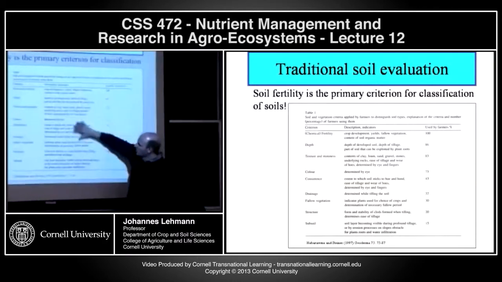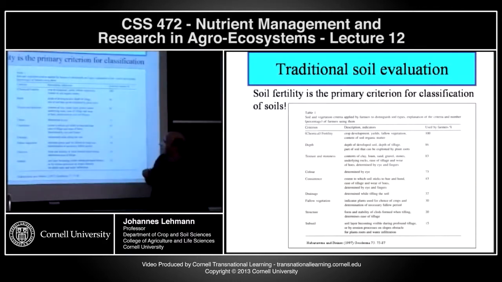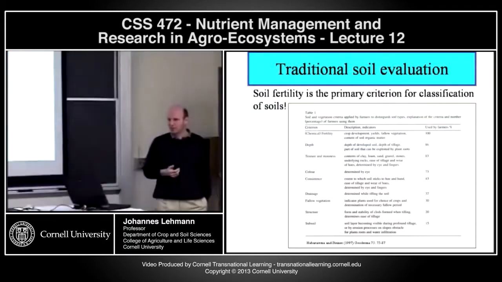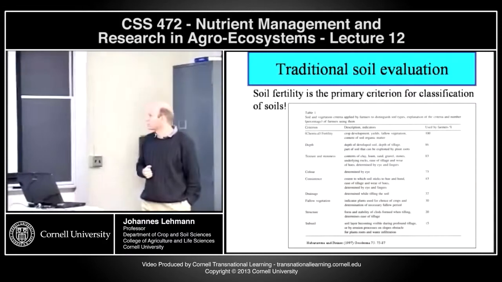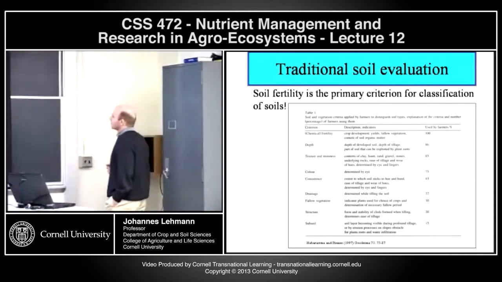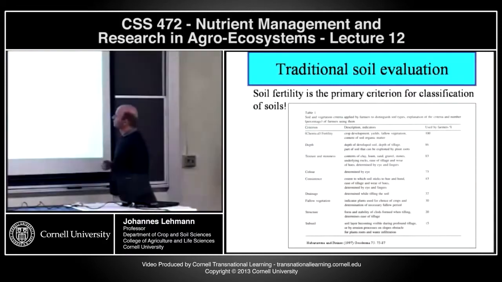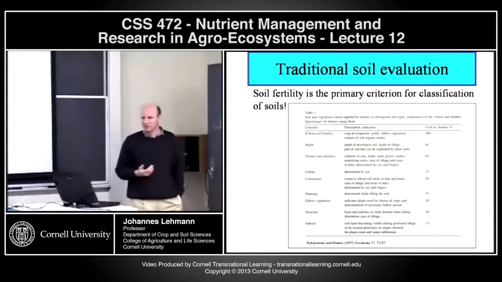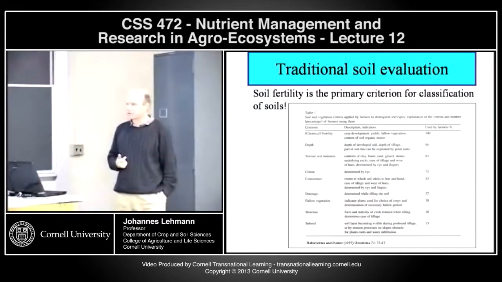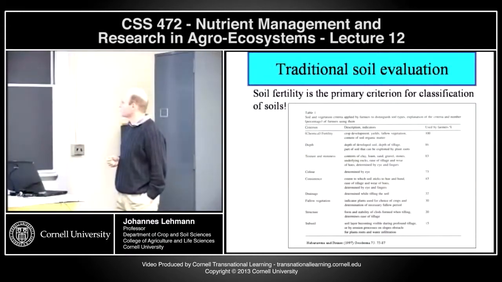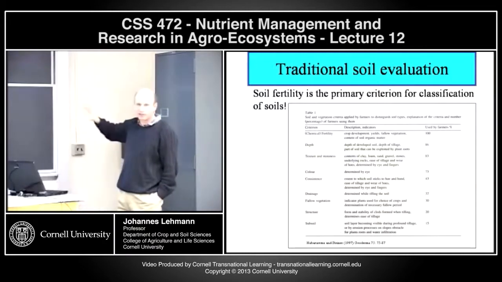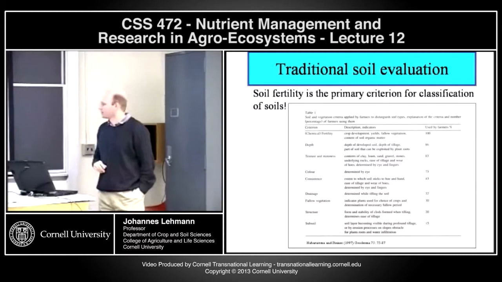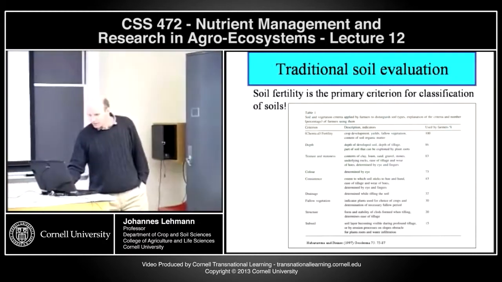But there were a lot of other factors that were perceived or assessed by the farmers, but were found to be much less important for their classification of soils. So it seems, of course, what the farmer wants out is always crop growth, and it seems the chemical fertility was the most important for them, even before something like water availability that they could maybe assess by depth or texture.